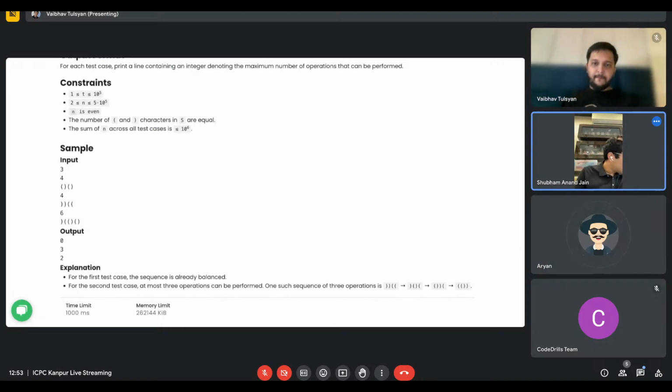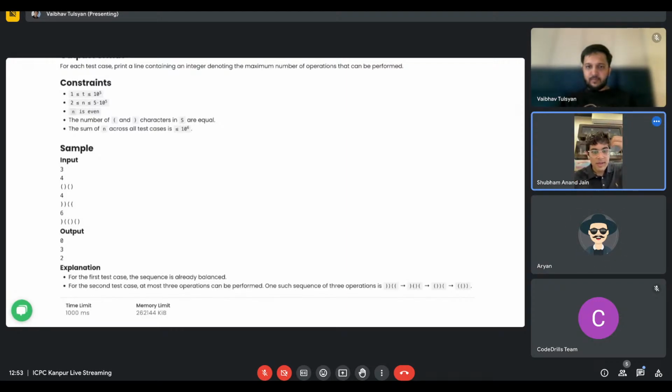I think you want to start right to left because, okay, let's see. Balanced strings, basically the issue is prefixes going negative, right?